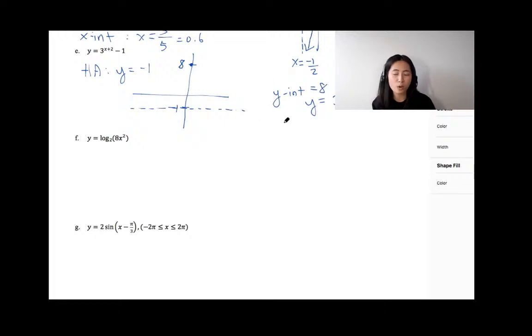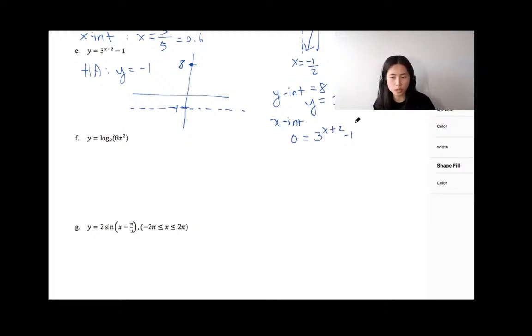And now we need to look for the x-intercept. For your x-intercept, it's going to be a little bit tricky, because your x is actually an exponent as opposed to just having it as a variable right here. So in that case, you would have y equal to 0, and that's going to be equal to 3 raised to the power of x plus 2, minus 1.